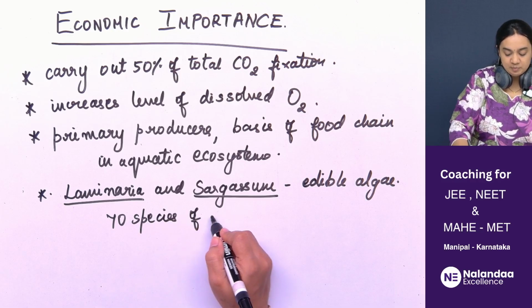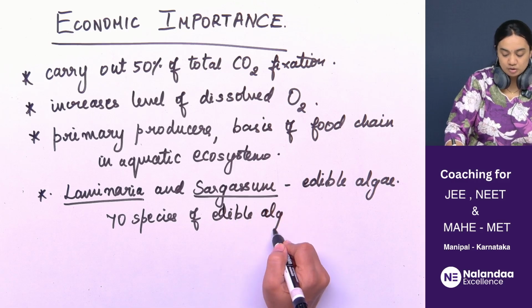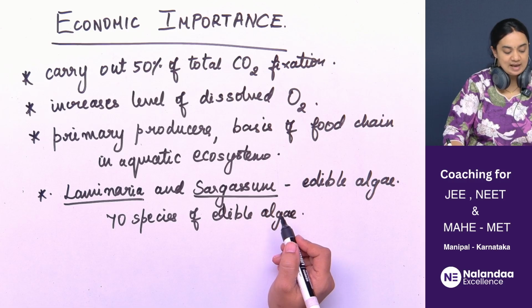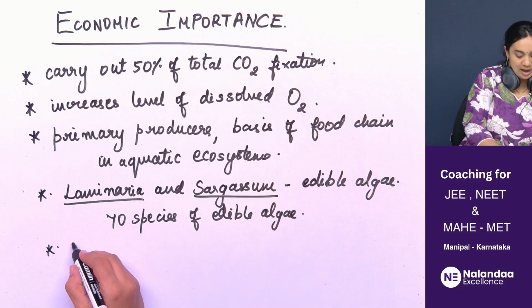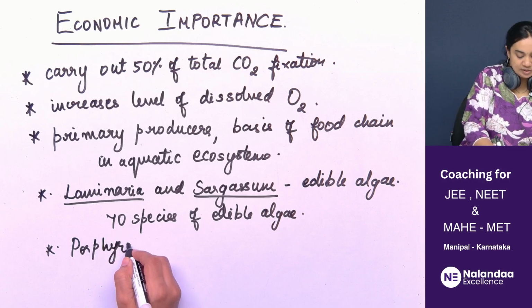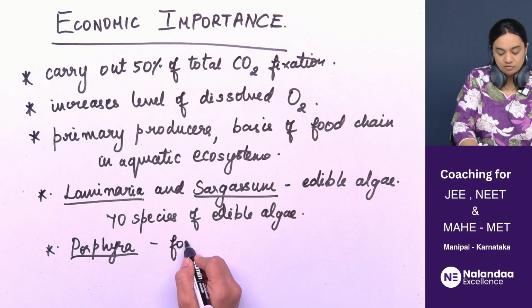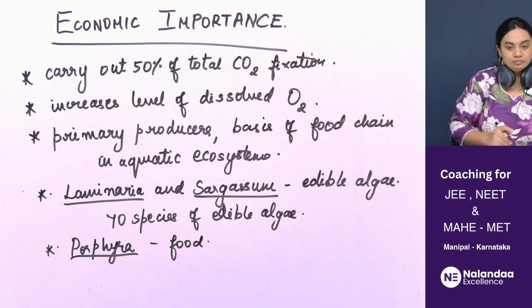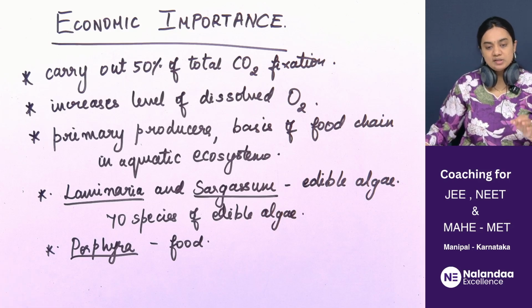We have 70 species of edible algae, of which Laminaria and Sargassum are one. Okay, and we also have Porphyra species that is used as food. Okay, Porphyra is also used as food. Is this clear? So this is about edible algae, close to 70 species.